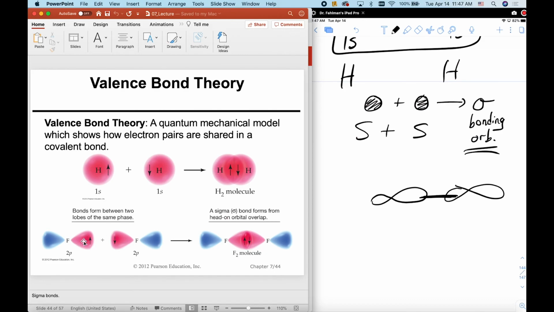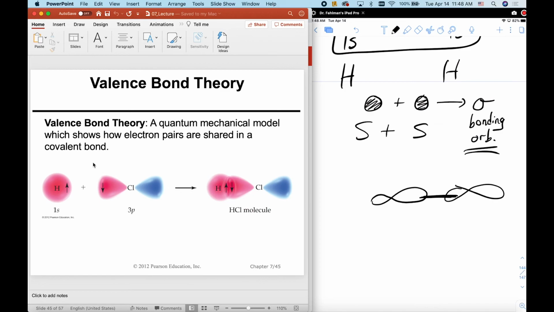So for fluorine, you can have a 2p orbital that overlaps head-on, and that is also a sigma orbital. If it's in the same plane as where these fluorine atoms are, then we call it sigma.